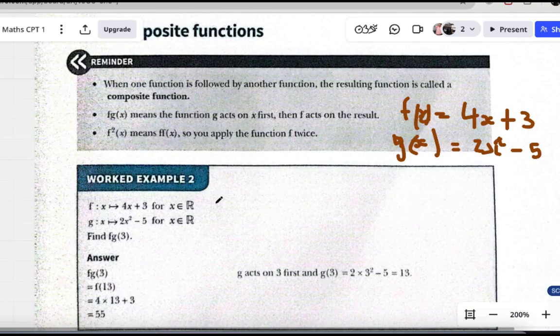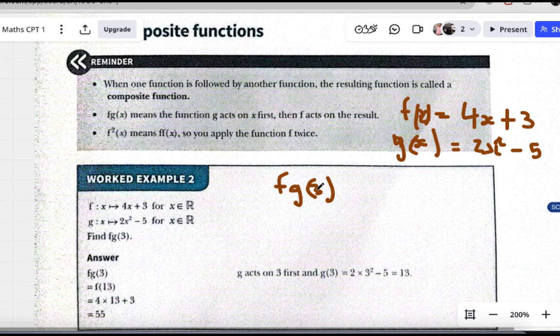Let's say I have another, easier way. In place of x, we put 3, and that gives us 13. So g of 3 gives us 13. Now, because it's a composite function, this is not the final answer. Remember, they say we should find fg of 3.